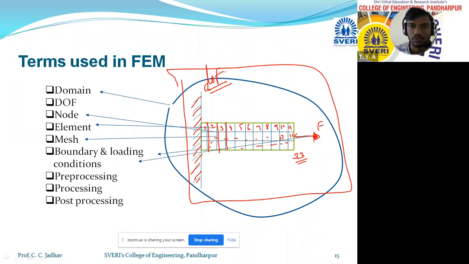This is nothing but one single element, which I have drawn as a rectangle. This is your element, and all these connecting points are called nodes. So instead of solving the whole single problem, I have divided this problem into n number of elements, here 33 elements, for simplification and accurate results.